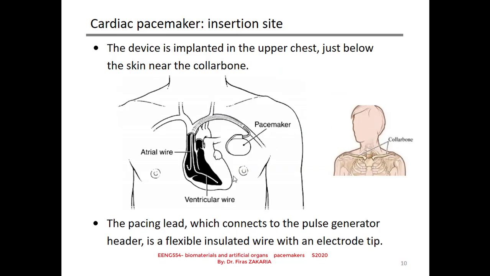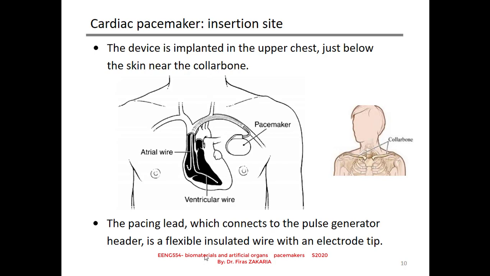The device, the cardiac pacemaker, generally is implanted in the upper chest here, as you see here in the figure, just below the skin. Okay, the pacing lead connects from the pulse generator to the heart tissues.